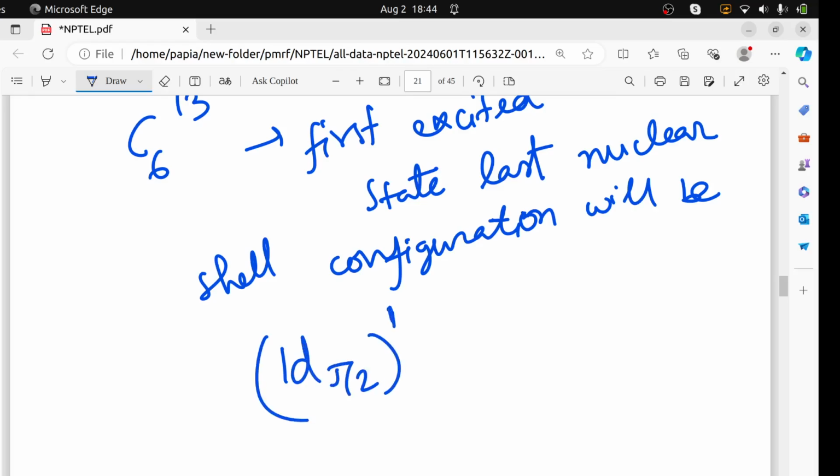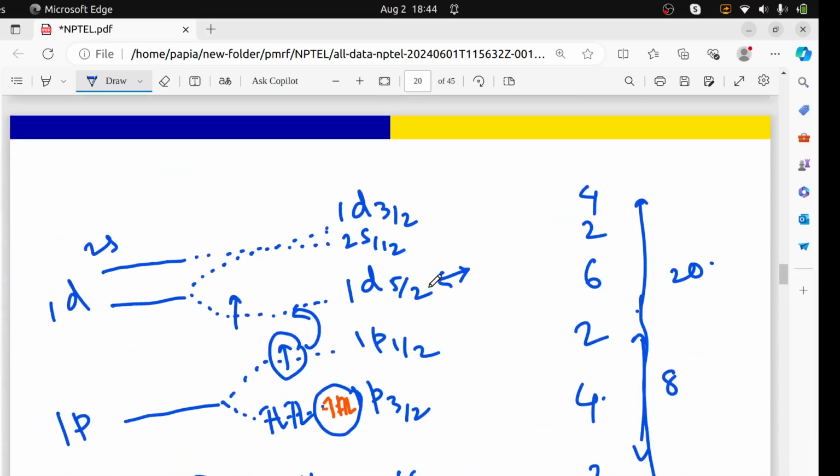Why am I writing 1 here? Because the last one, which was in 1p1/2, will come right now to the 1d5/2 nuclear state, because it is the first excited state. Okay, I think you understand.